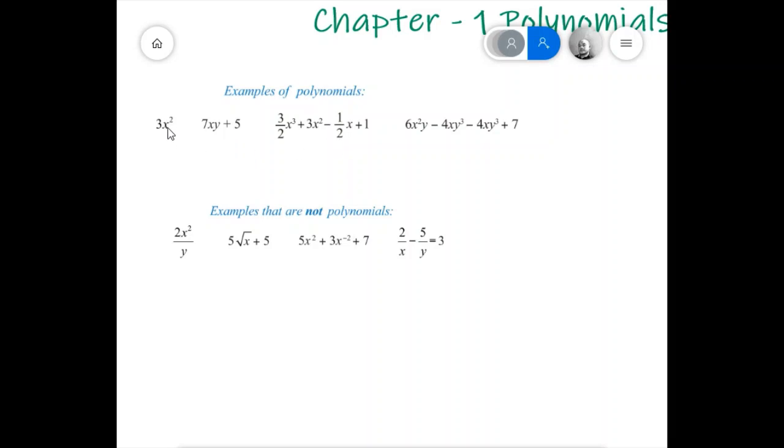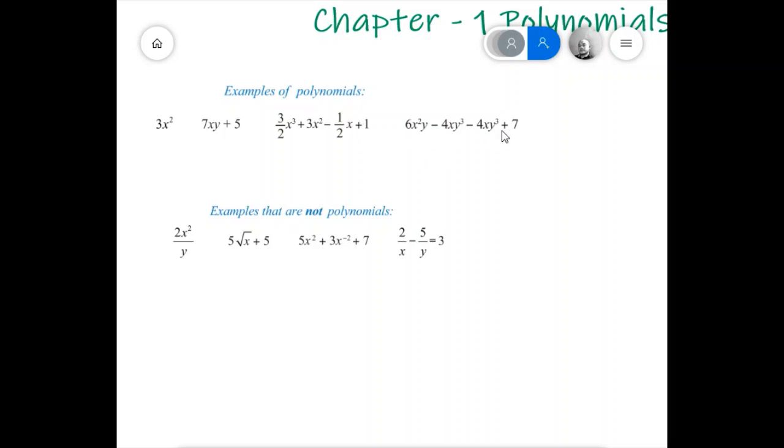Like over here the exponent of the variable x is 2. Over here, x to the power 1 and y to the power 1, so therefore here it is also a whole number. x to the power 3 is also a whole number, x square is also a whole number, x is also having a power of 1, so it is also a whole number.